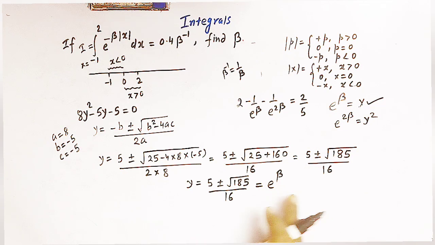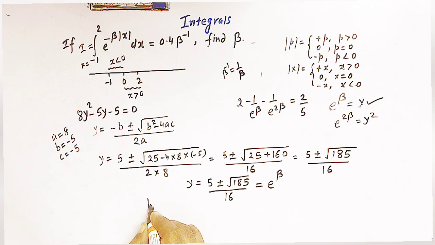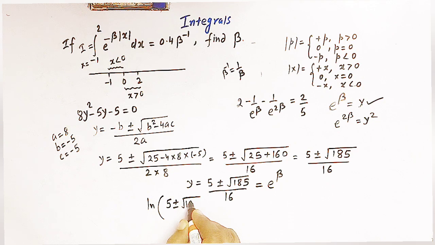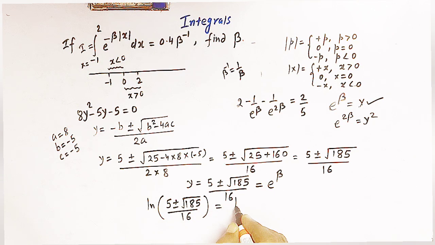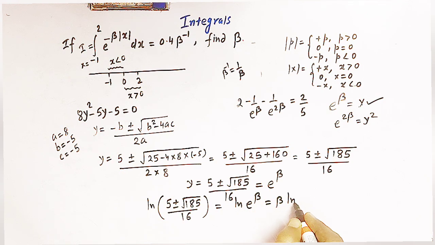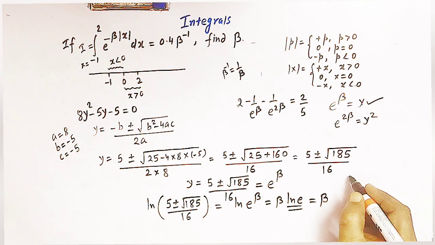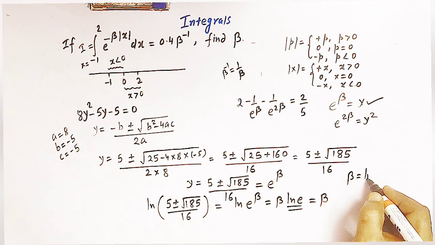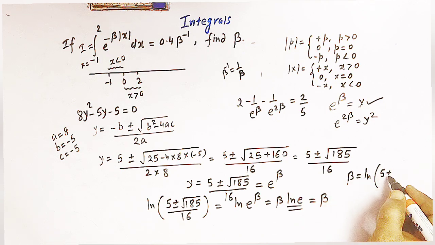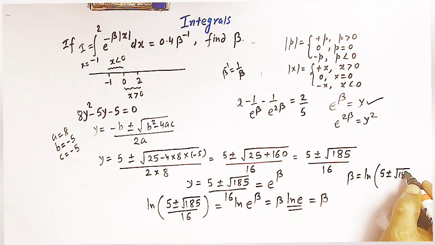Now taking the natural log of both sides, we have natural log of 5 plus minus square root of 185 over 16, and here we have natural log of e raised to beta, that is equal to beta times natural log of e, and natural log of e is 1, so this is equal to beta, right? So the value of beta is now natural log of 5 plus minus square root of 185 over 16.